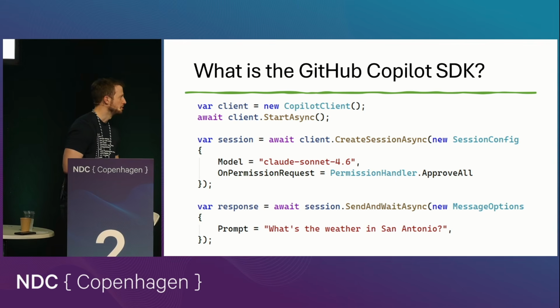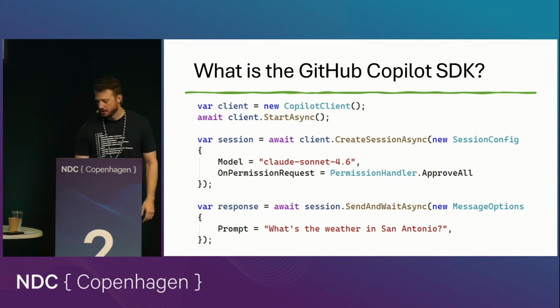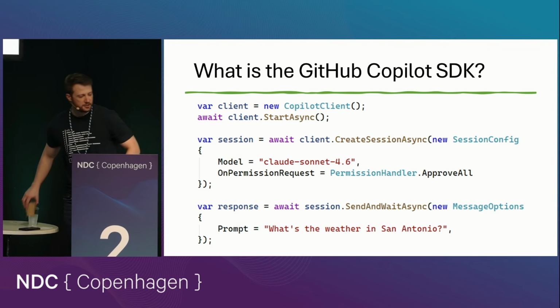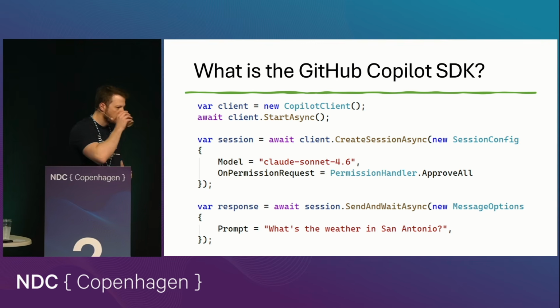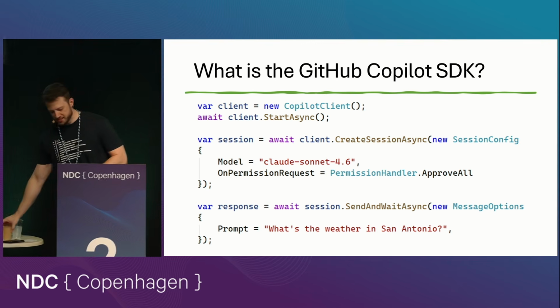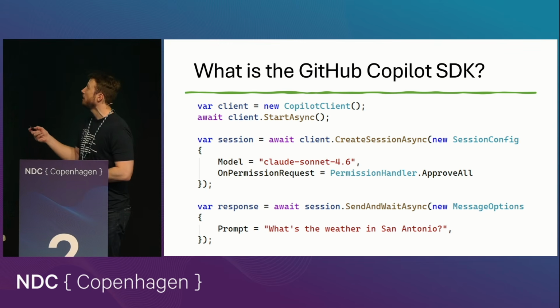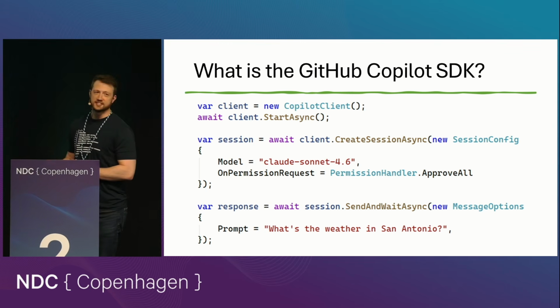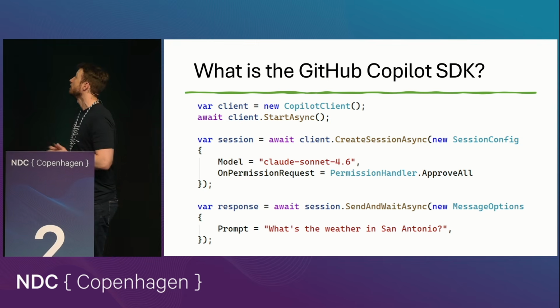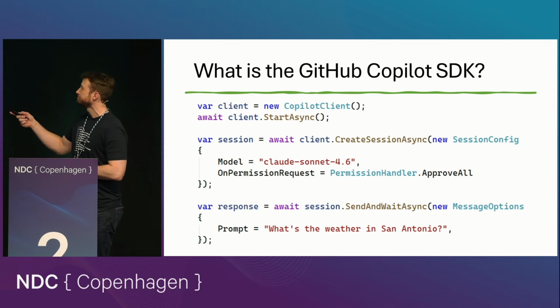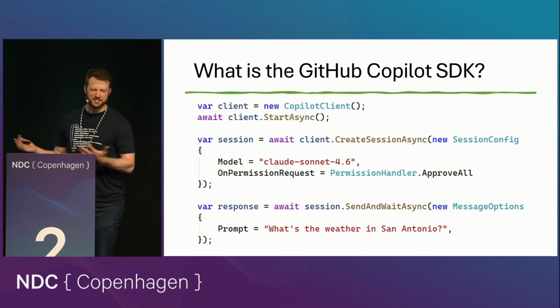We'll see this in our first demo, but here's a very simple, working example of what using the SDK looks like. We just create a client, a Copilot client, and then we call StartAsync. That's what actually starts our Copilot process. Then we create a session on the client. I think this is a universal term now.